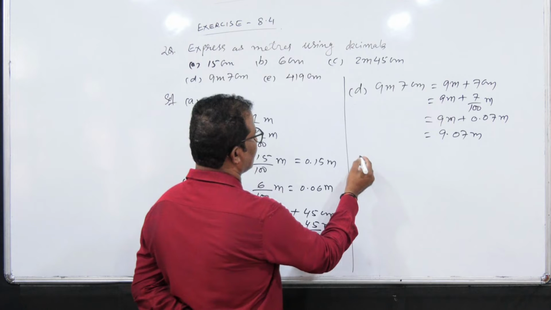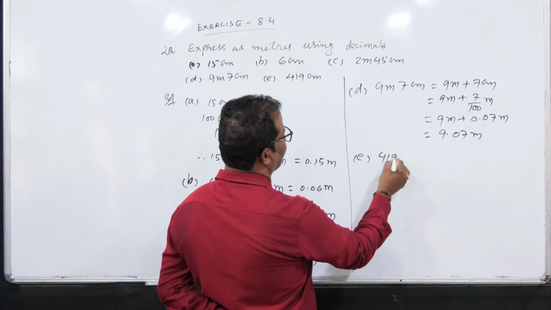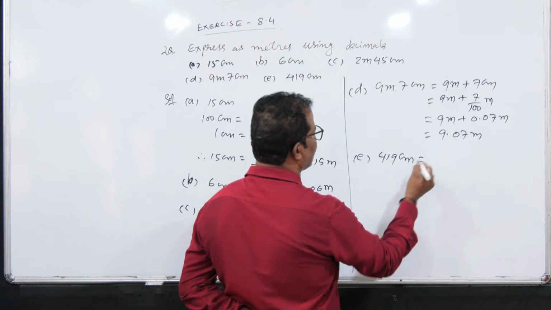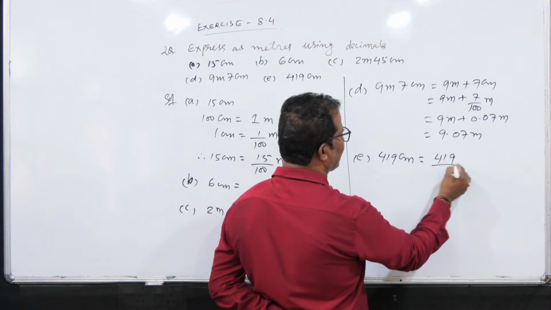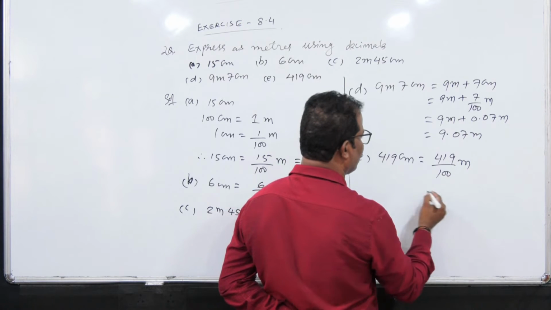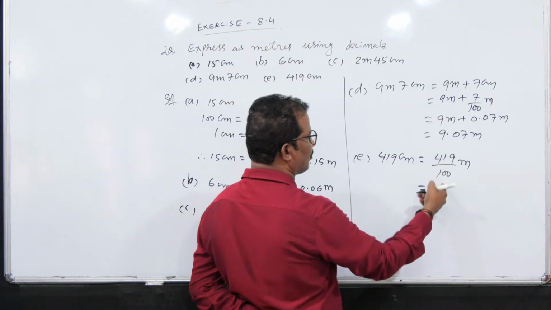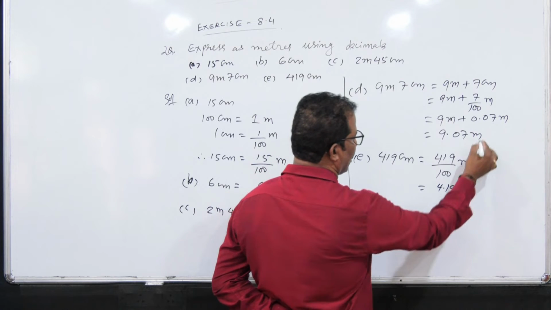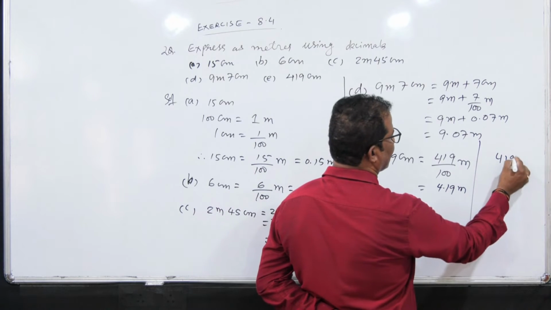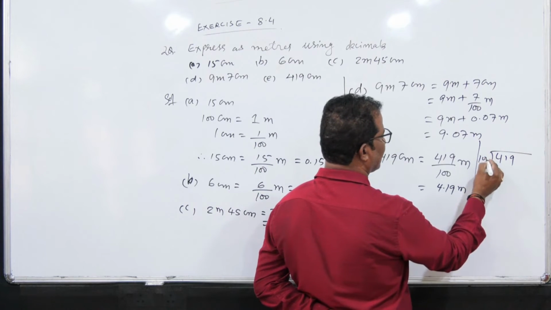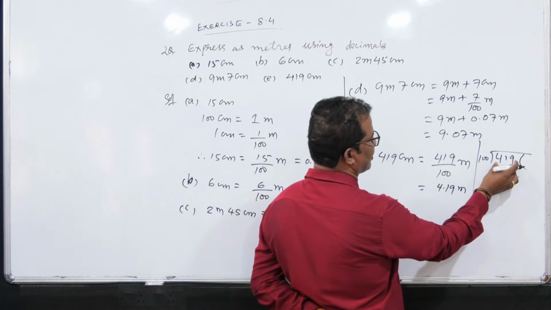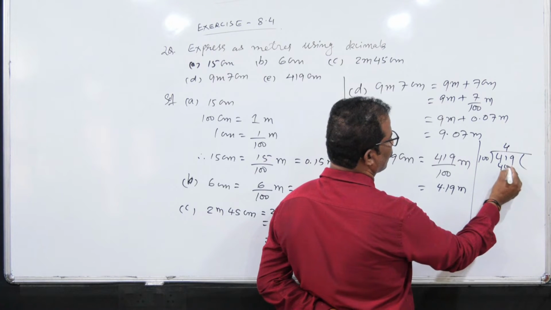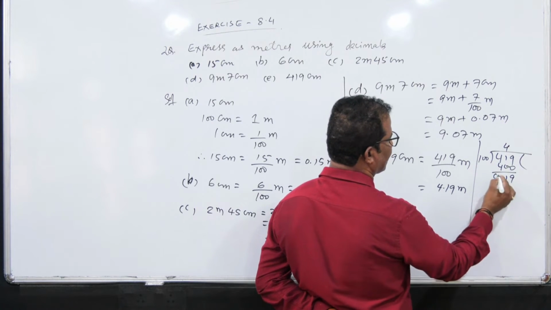And in the last question, that is E, 419 centimeter. This will become 419 by 100, it is now meter. If you divide 419 by 100, we will get what? 4.19 meter. How is it? We can see 419 divided by 100. 3 digits, 3 digits. So 100 fours are 400. So remaining 19 only.